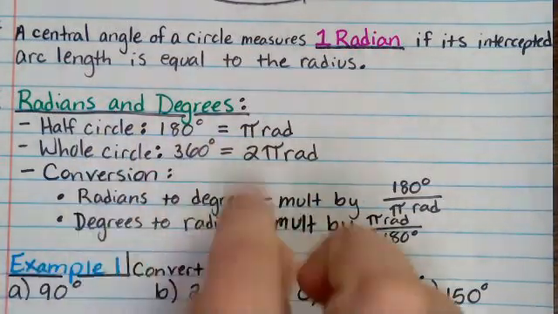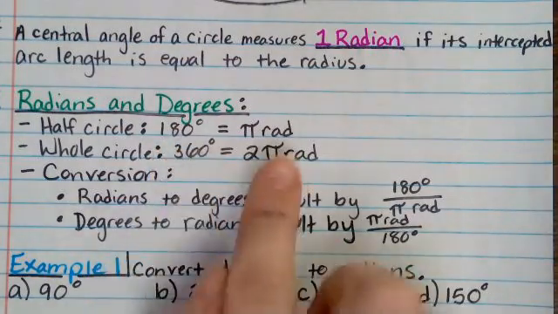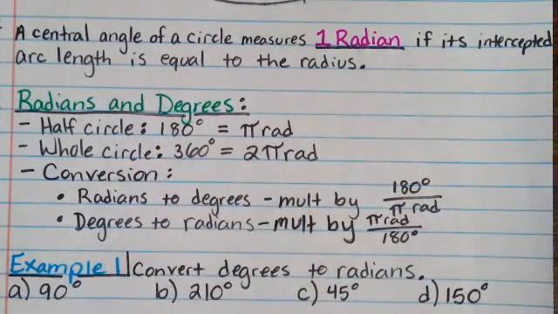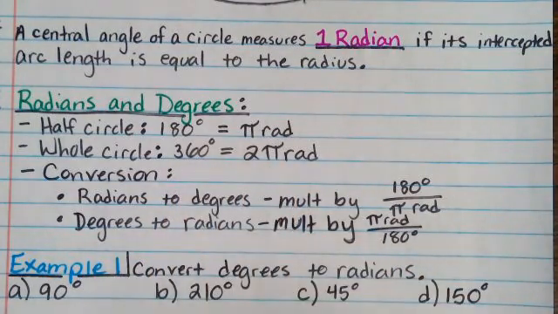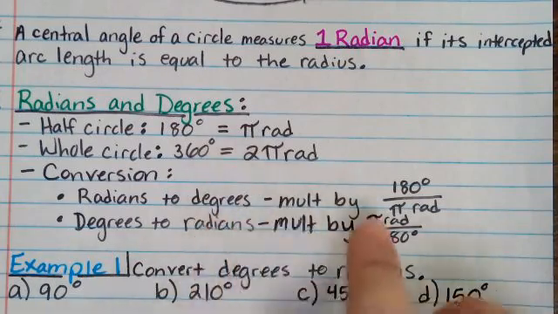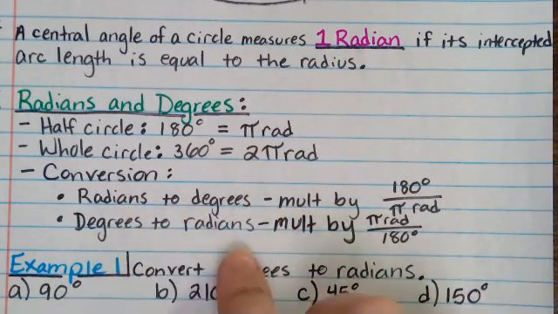We have some relationships between radians and degrees. Half a circle is 180 degrees, but that is pi radians. And again, a whole circle, 360 degrees, that's 2 pi radians. We have 2 different ways that we can convert because we could go radians to degrees or degrees to radians.